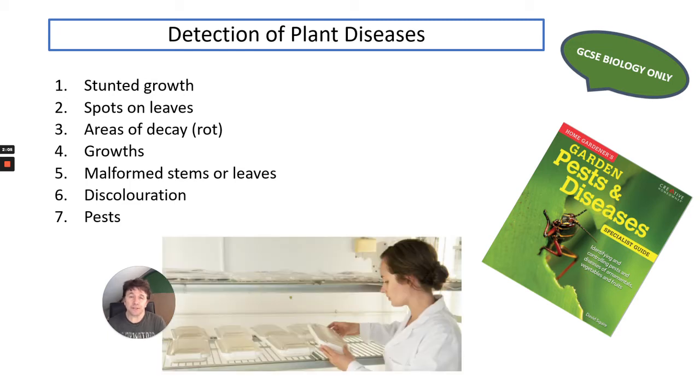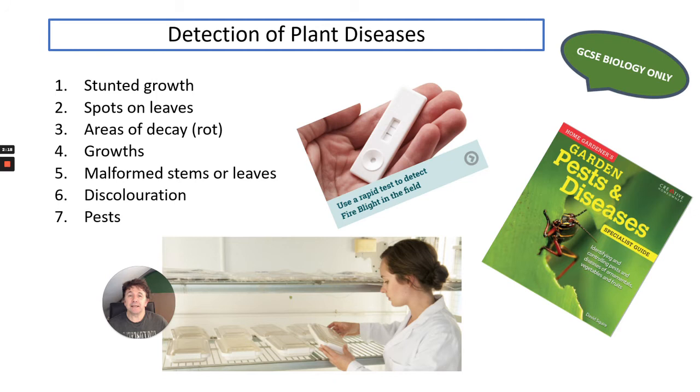Secondly, if you're a commercial grower, you can send the plant off to a laboratory, and within that laboratory they can identify the specific disease that your plants might have. And then thirdly, there are detection kits, rapid tests to detect different diseases. These use monoclonal antibodies, so you can find out about those in a previous video that I produced recently.